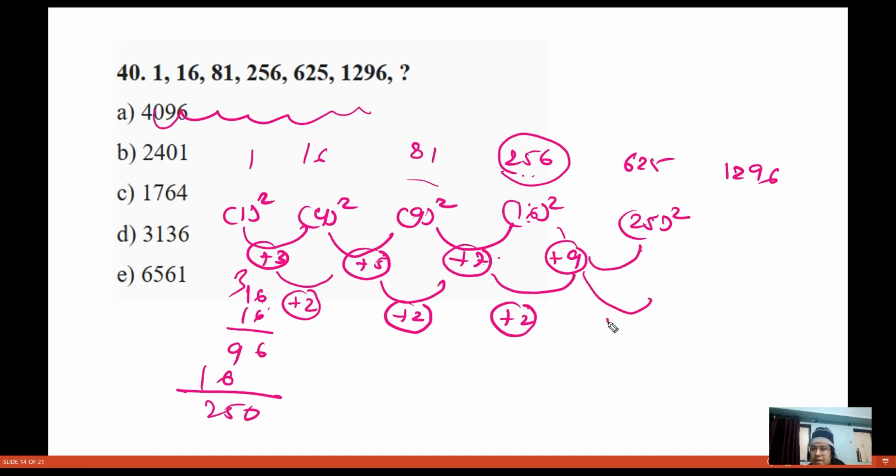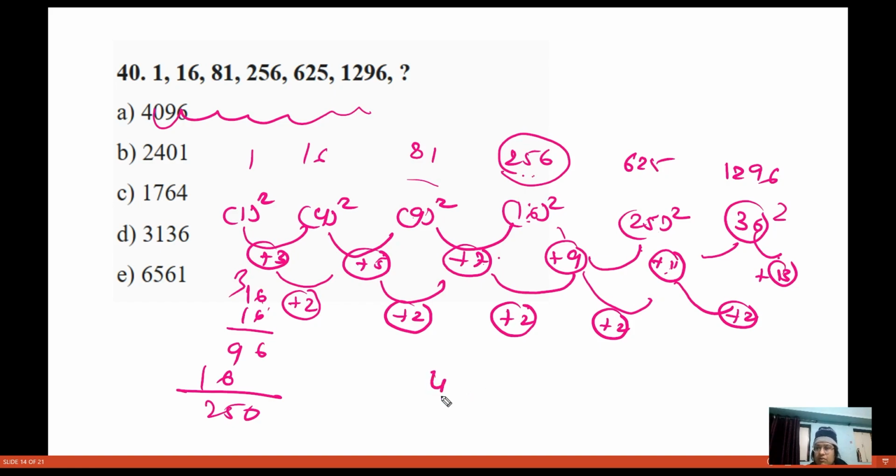Again plus 2, so plus 11. In 25 you have to add 11, so that is 36, so 36 square. Again plus 2, plus 13. Add here, so you are getting 49 square.